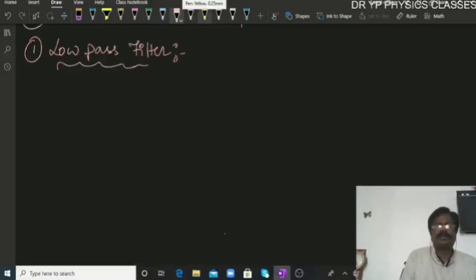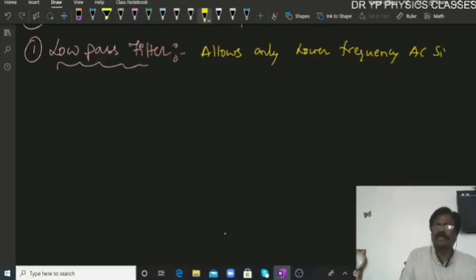Here the name itself indicates that low pass, that means this filter allows only lower frequency AC signal and stops higher frequencies.